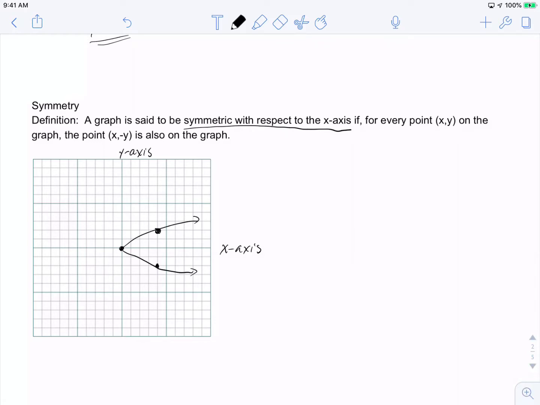And this point right here we see is (4, 2), and this point right here is (4, negative 2). So we can see this is symmetric about the x-axis because we have the same x-coordinate, but our y-coordinates are different only in sign.